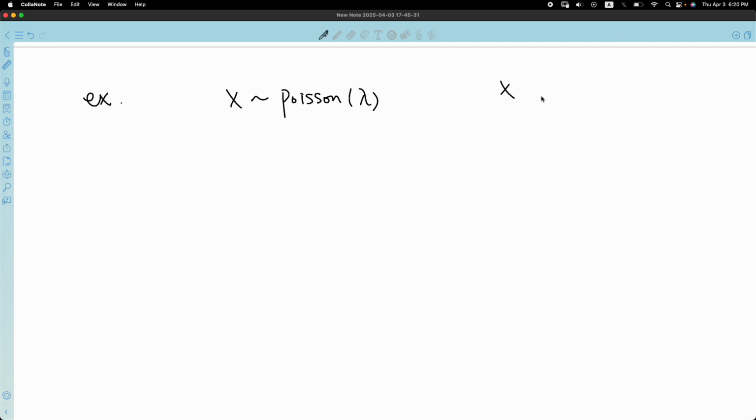That's a very important thing. 0 is a very important value in the support for many distributions. In terms of the natural numbers, I really like that answer, including 0.